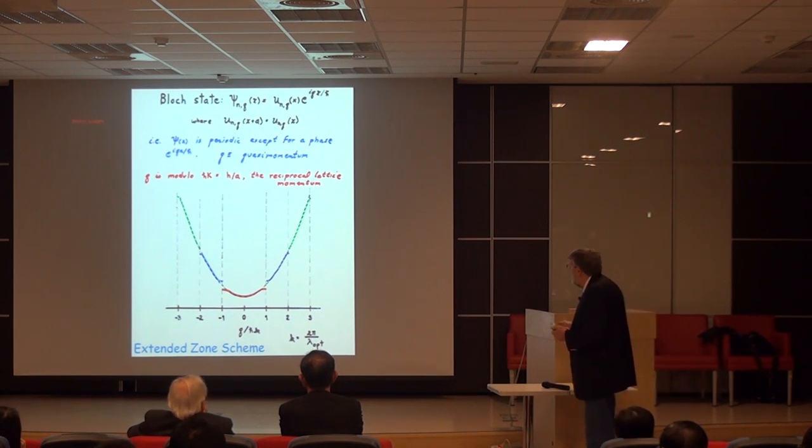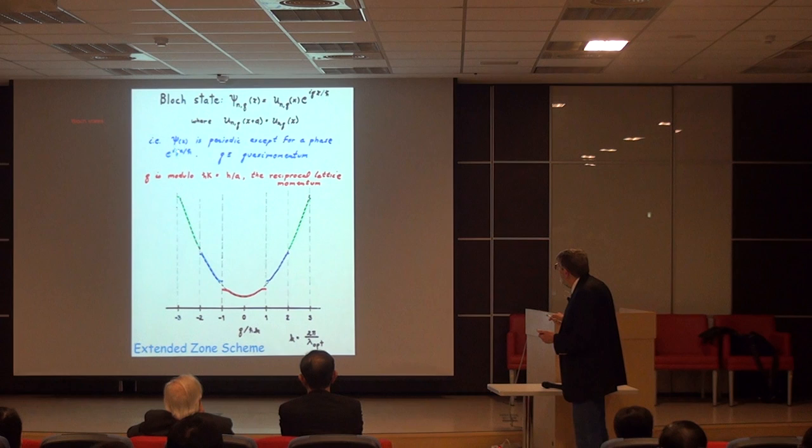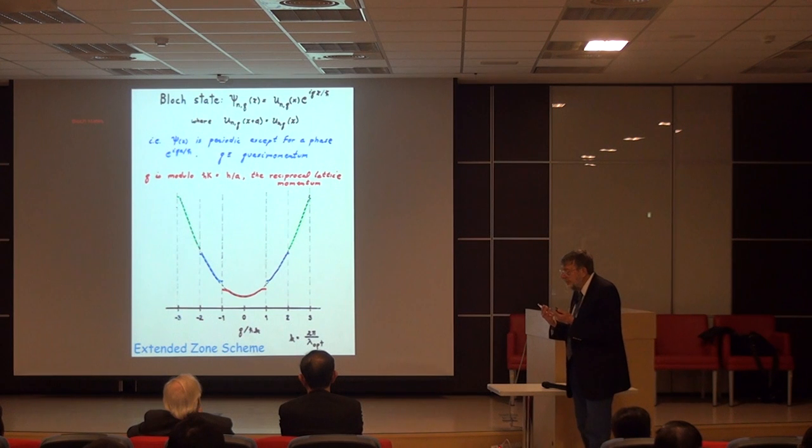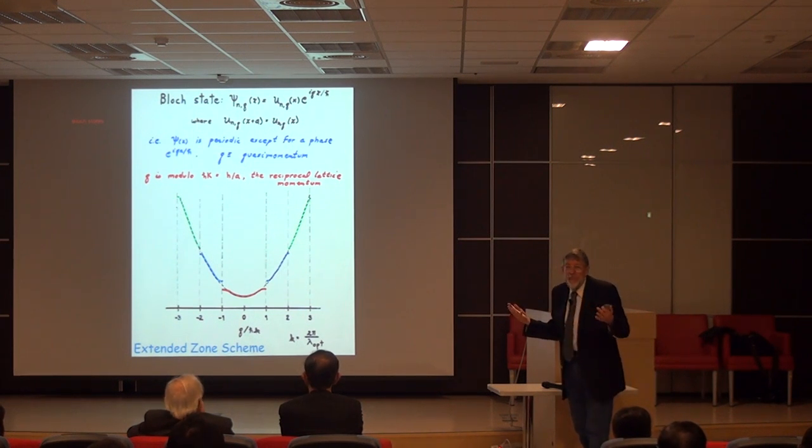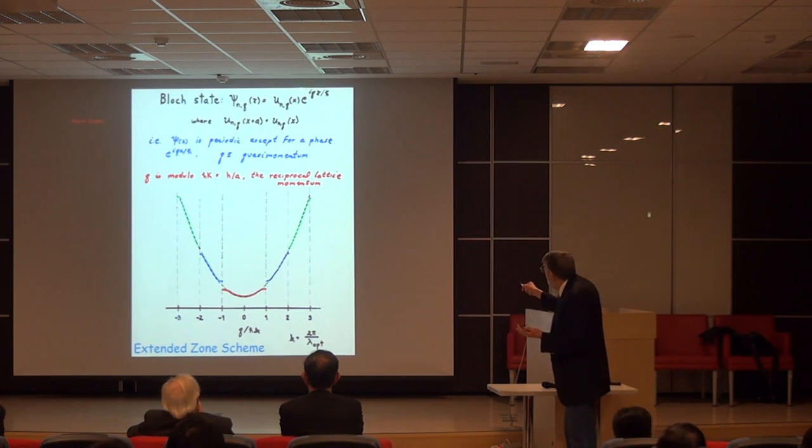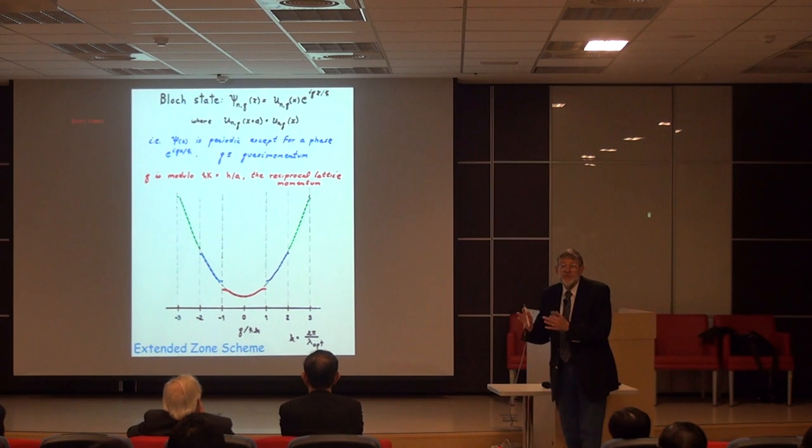space. Now, one of the things that I want to point out is that because of this periodicity in space, there are many different momentum components. And multiplying it by this phase factor simply shifts the value of all those momentum components.